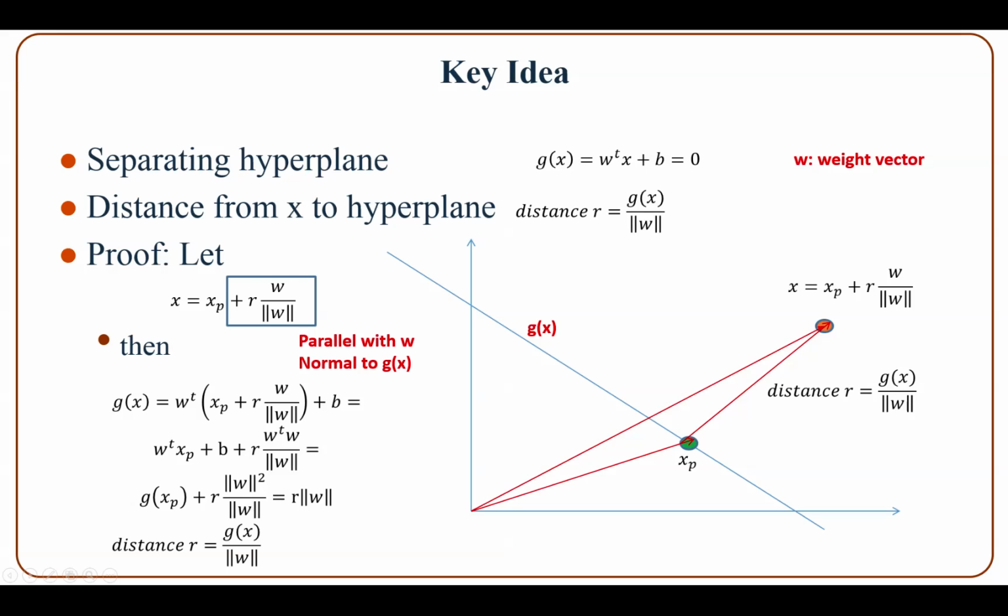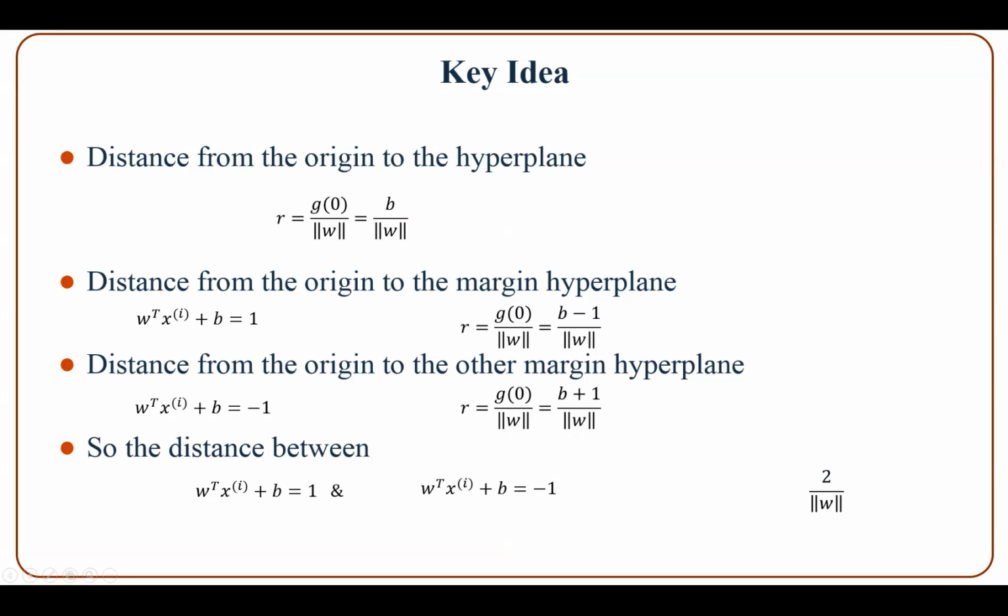And from here we get the distance r, which is equal to g of x divided by the norm of w. From the result in the previous slide, the distance from the origin to the hyperplane is g at 0 divided by the norm of w, which is b divided by the norm of w.